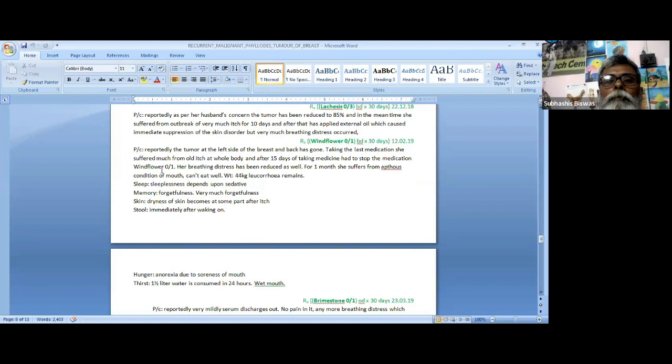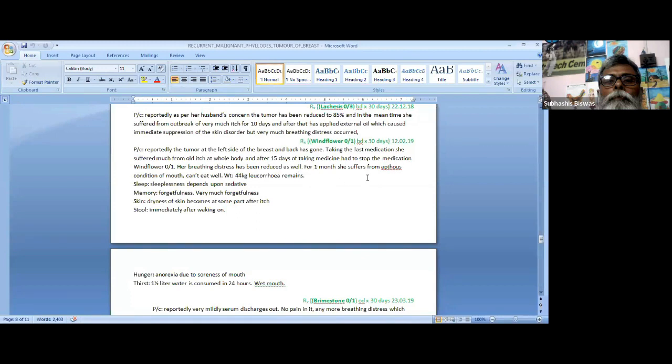Taking the last medicine, she suffered much from the old itch on the whole body again. As I gave her Pulsatilla, the old itch which came after Latex came back. After 15 days of taking medicine, I had to stop the medication wind flower 0/1. Her breathing distress has been reduced as well.